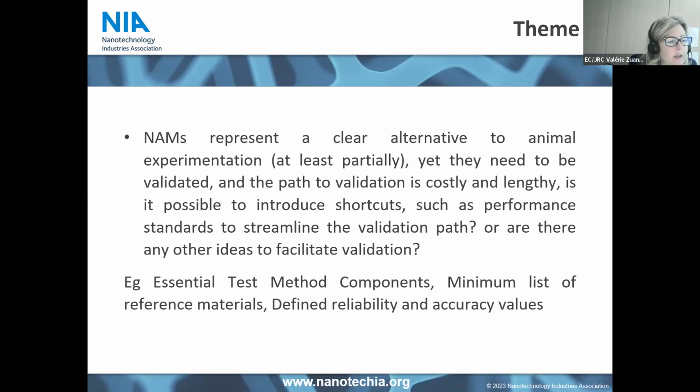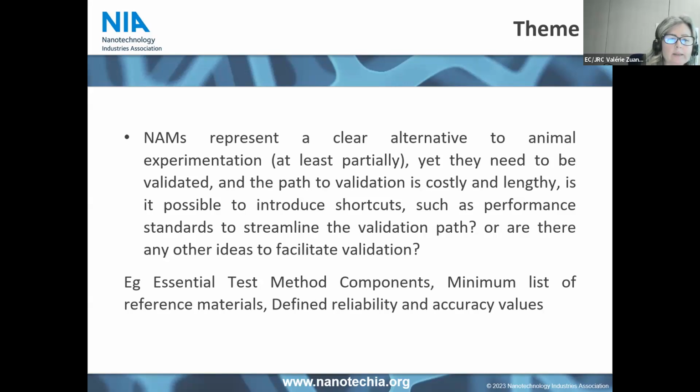You do not need to have such a large list of chemicals being tested. Usually it's a subgroup of the chemicals that have been tested in the reference method. And then you have this type of target values for performance. So within and between laboratory reproducibility and predictive capacity that your similar test method should reach to be considered as scientifically valid.